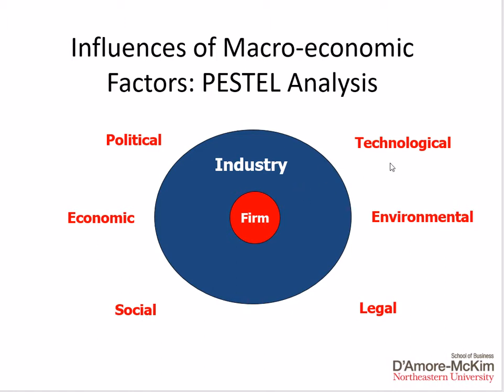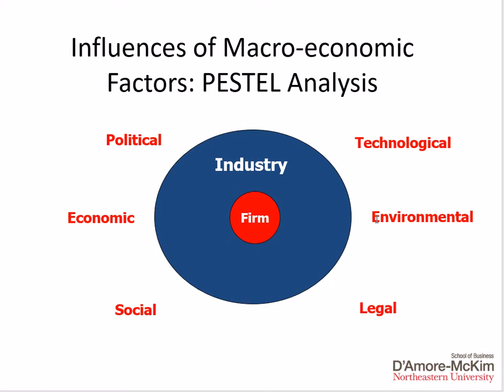From a technological standpoint, what we're focusing on are technological innovations outside the industry that are driving or changing industry behavior. For example, in the automobile industry, we have all the technological changes related to artificial intelligence, which are changing the automobile industry by increasing the rate of adoption of driverless technology, which will have a dramatic effect on the automobile industry in the future.